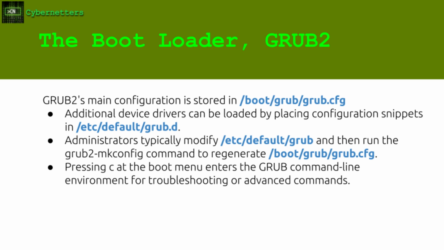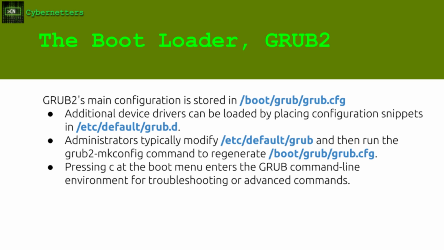Afterwards, you run grub2-mkconfig to regenerate the final config, which is then written to /boot/grub/grub.cfg. That way, you can add or remove device drivers, tweak kernel parameters, or set advanced boot options without messing up the core config.